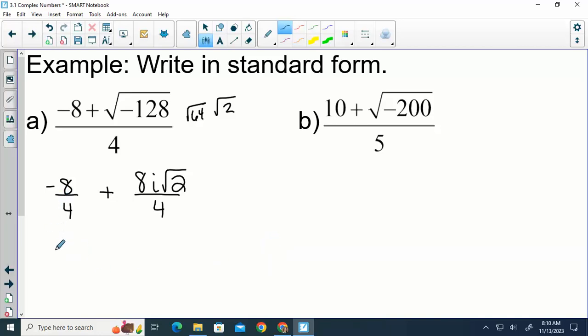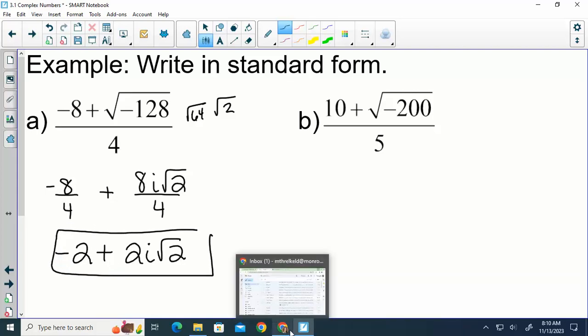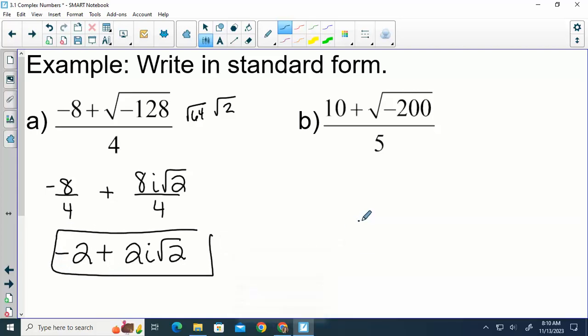So if we reduce, negative 8 over 4 is negative 2 plus 8 over 4, 2i radical 2. All right. You guys try B.